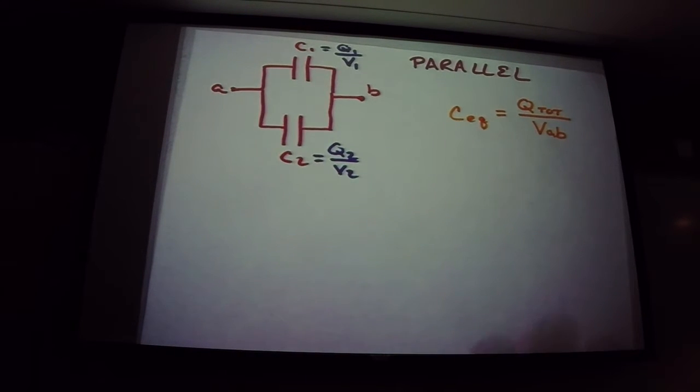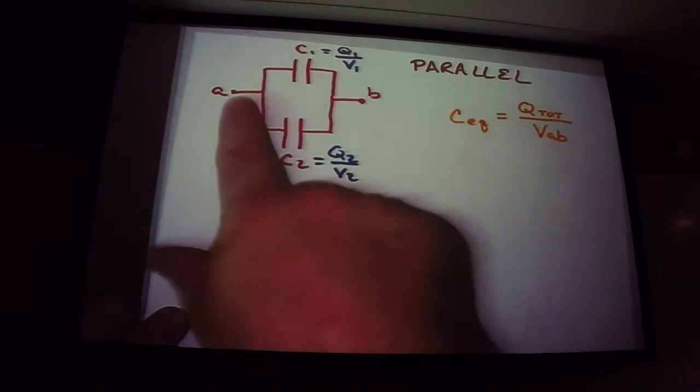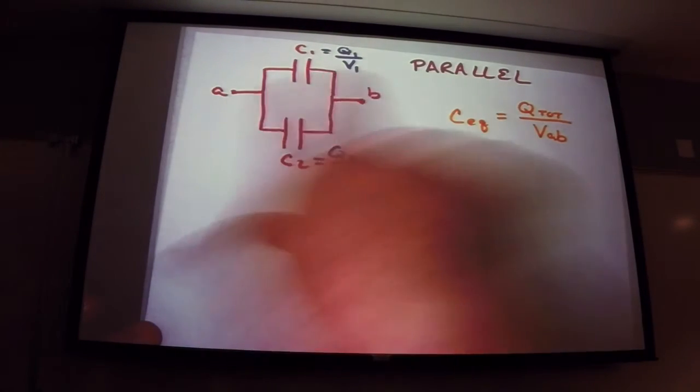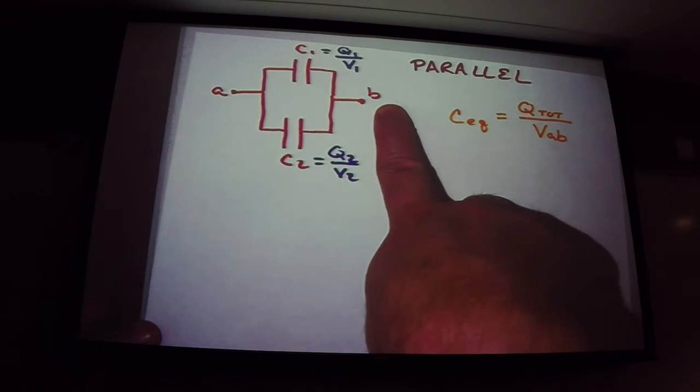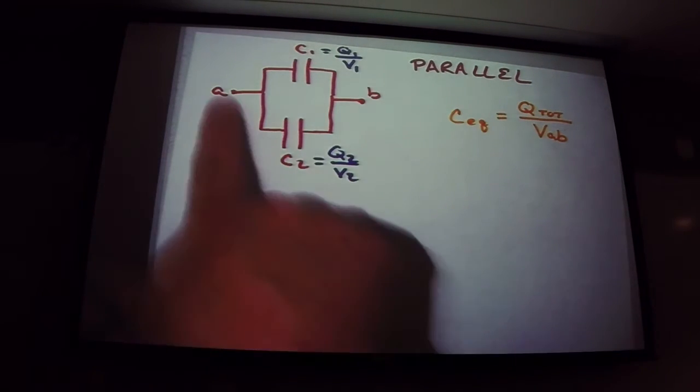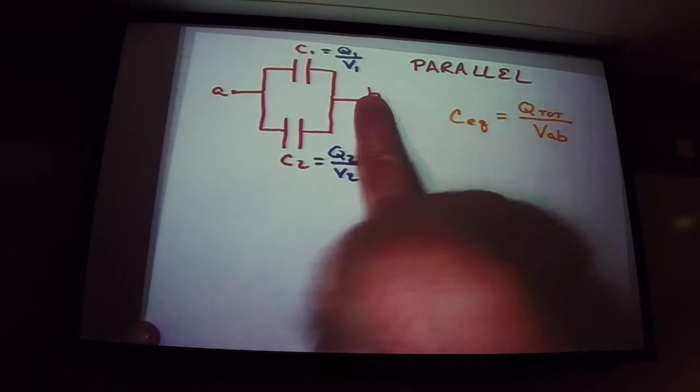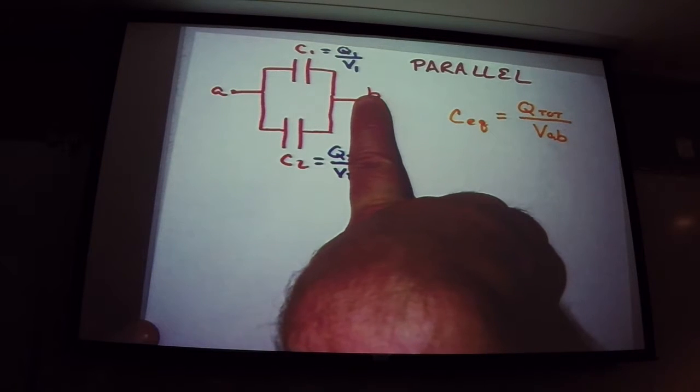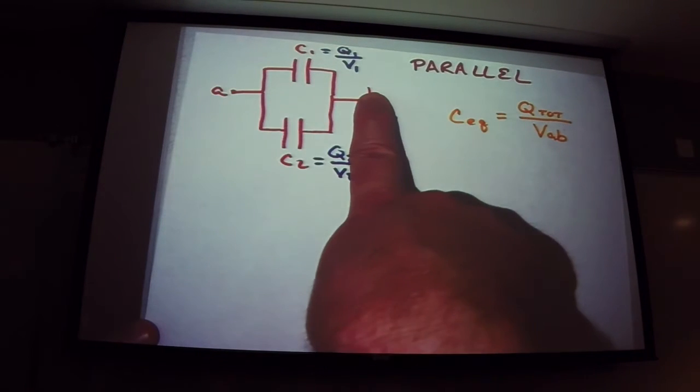Now we just have to think that no matter which way I go from A to B, the voltage is going to be the same. So this V1, the voltage across that capacitor, compared to V2, the voltage across this one? Same. And the overall? The same.